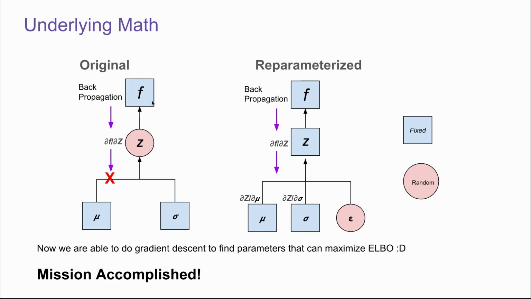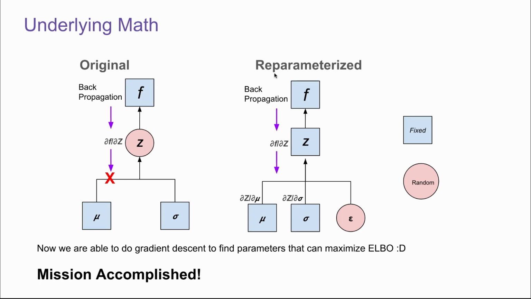This is a more visualized view of why we need reparameterization. In its original process, when we do backpropagation, we can't continue. The backpropagation cannot propagate to mu and sigma because z is randomly sampled. It's stochastic. We can't do any derivative on it.